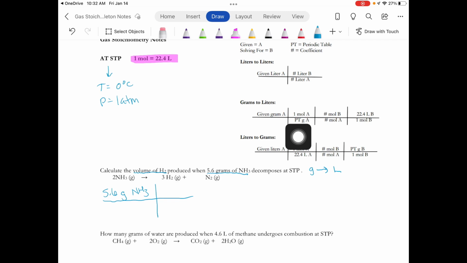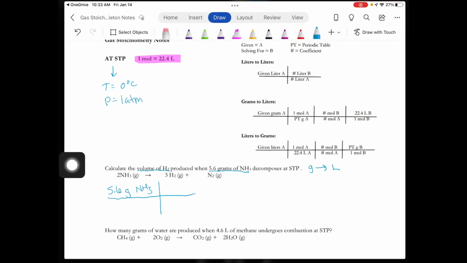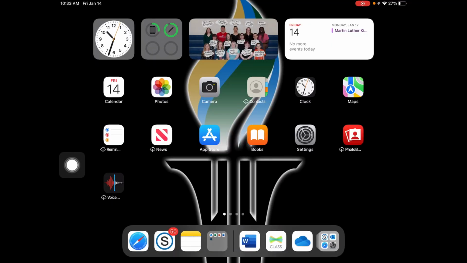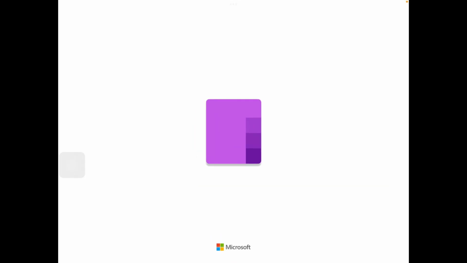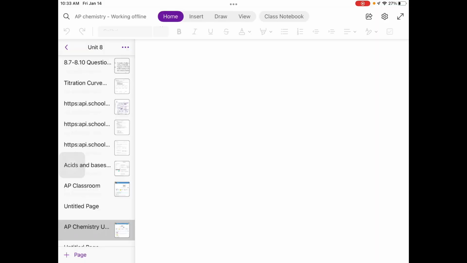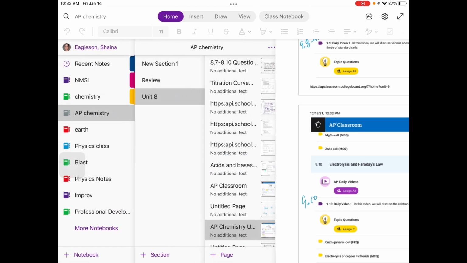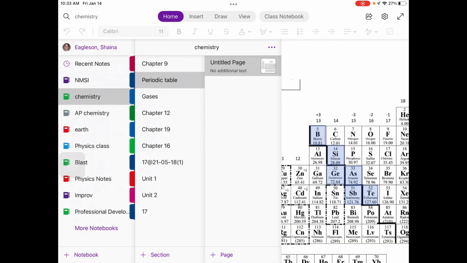Then we need to put the periodic table grams of A on the bottom, and I forgot to get a periodic table ready. So there we go.